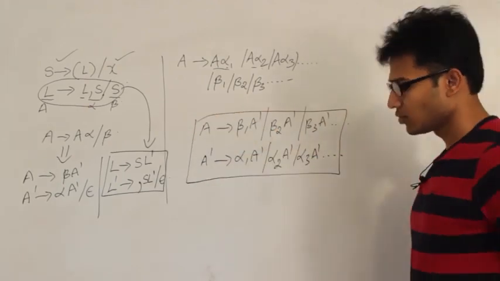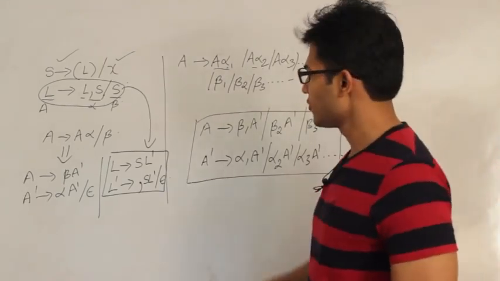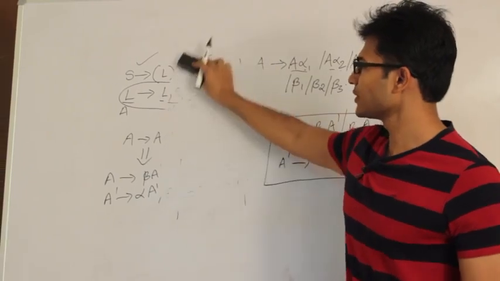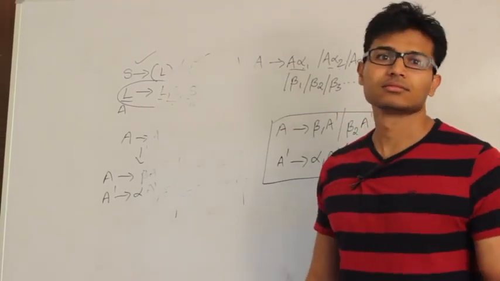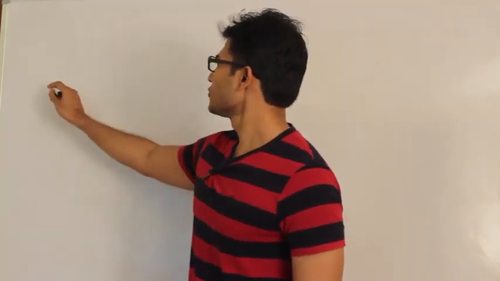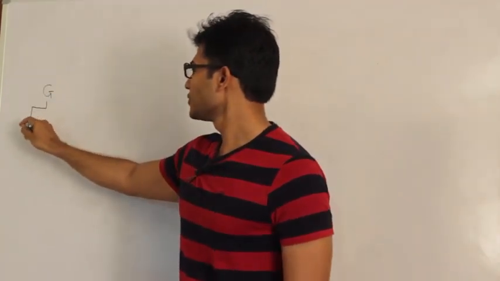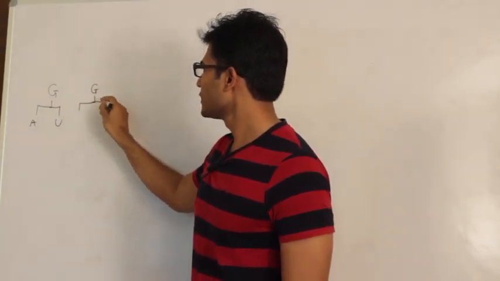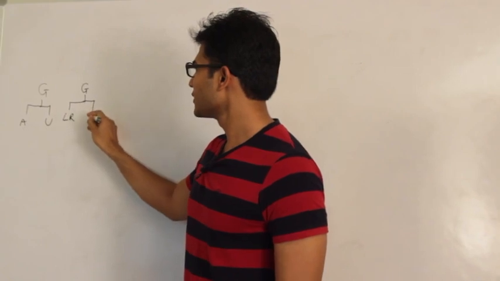So we have seen two classifications of grammars till now. One is ambiguous, unambiguous, and the other is left recursive, right recursive.